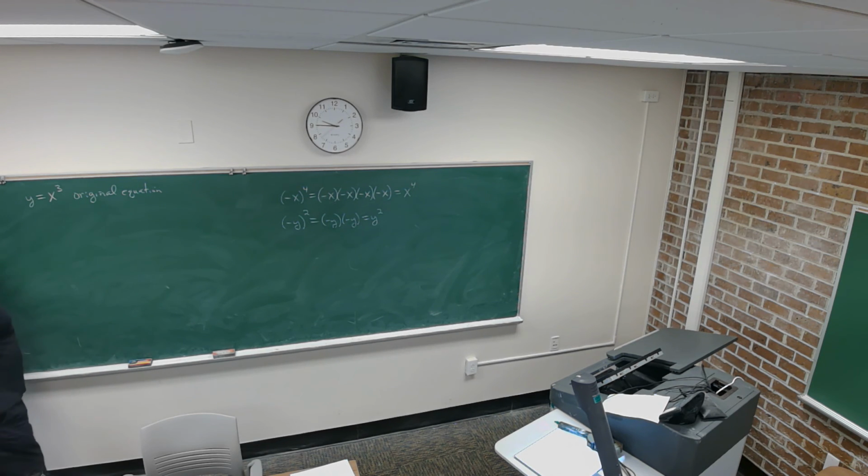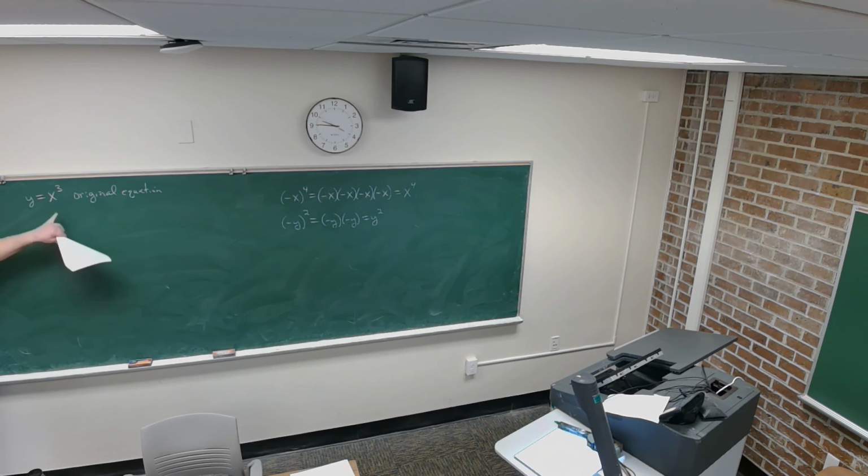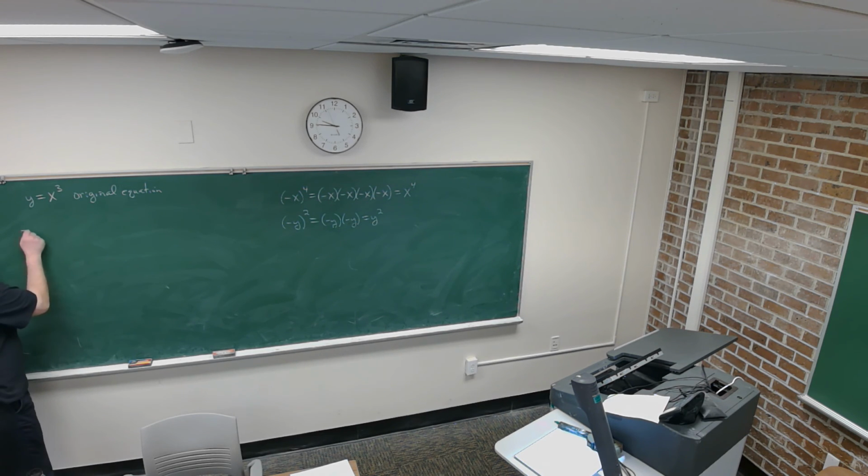To test for origin symmetry, you replace y with -y and x with -x. Then when you simplify, if you end up with the original equation, you know the graph of the original equation will have origin symmetry.